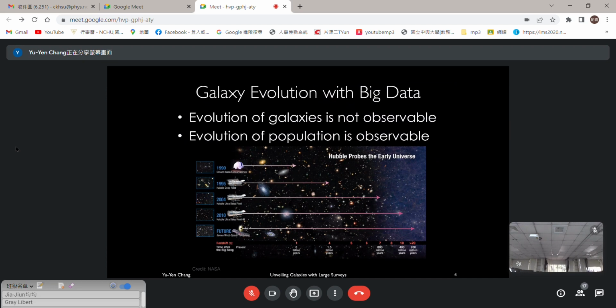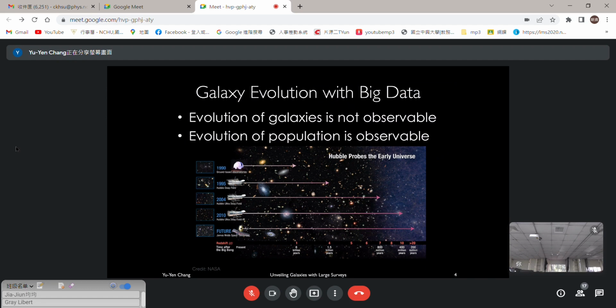But if we have a huge population of galaxies at different epochs, from the very early time to now, using ground-based or space telescopes to go to very ancient times, then with a large enough database we are able to know the galaxies at different epochs and tell a story about their evolution.